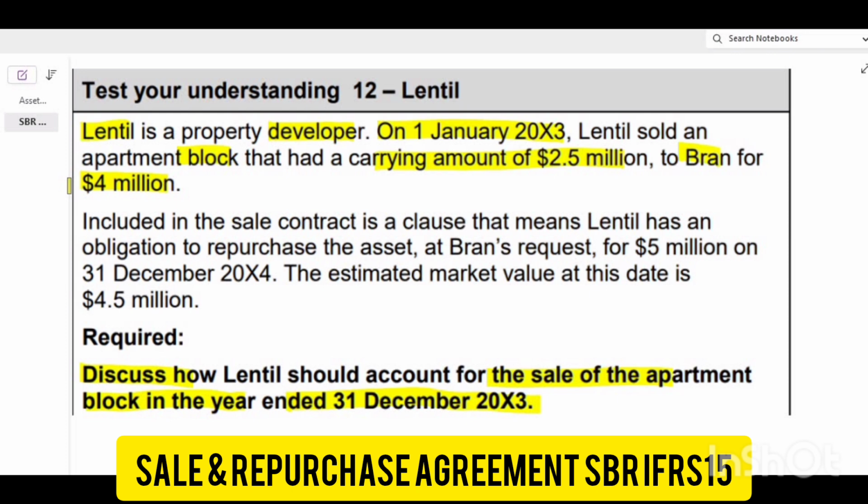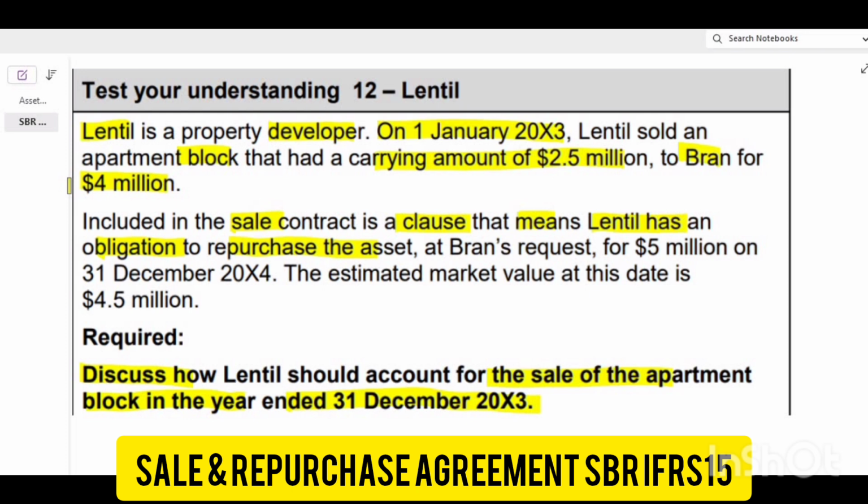Clear? Now, included in the sale contract there is a clause, and the clause means that Lentil has the obligation to repurchase the asset. So this means that this arrangement is a sale and repurchase agreement.